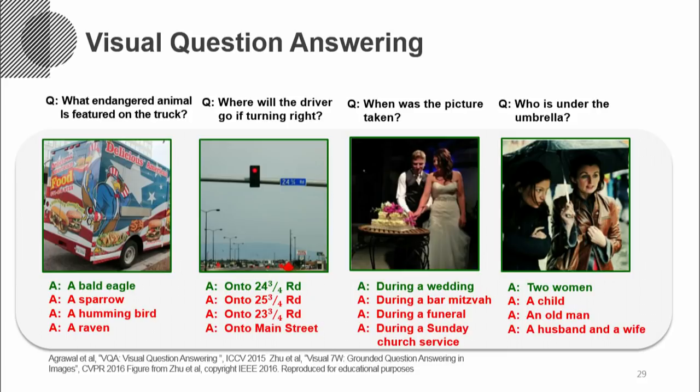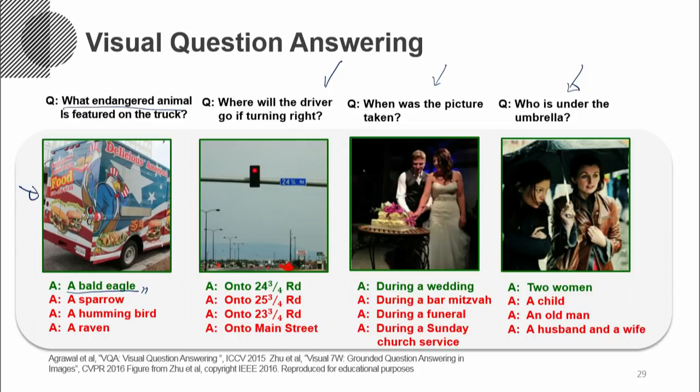Let's look at an example. In this figure, the question was: what endangered animal is featured on the truck? In this case, the answer is the bald eagle. Let's look at some other examples as well. These are visual question answering examples.